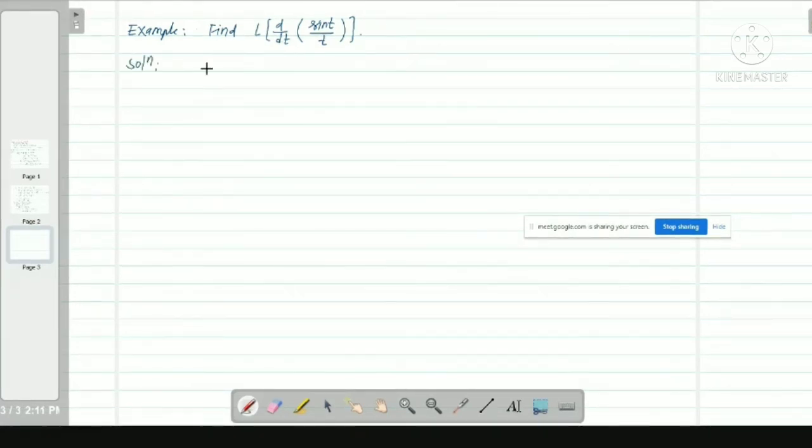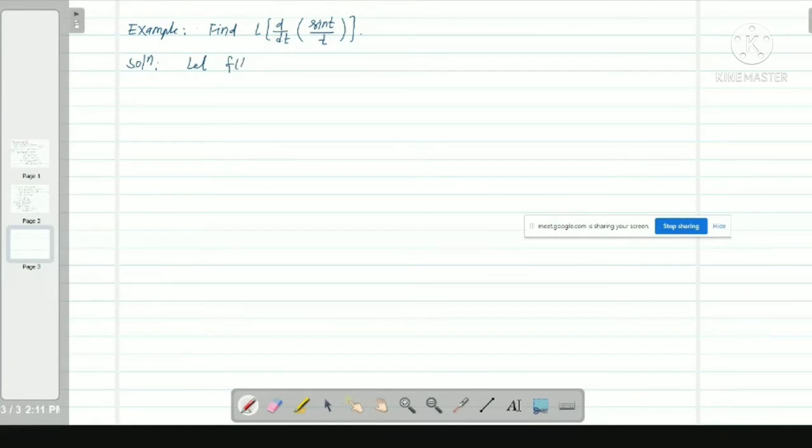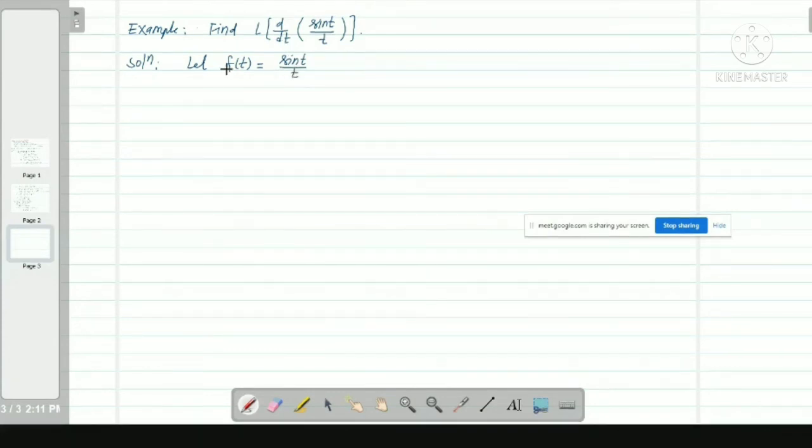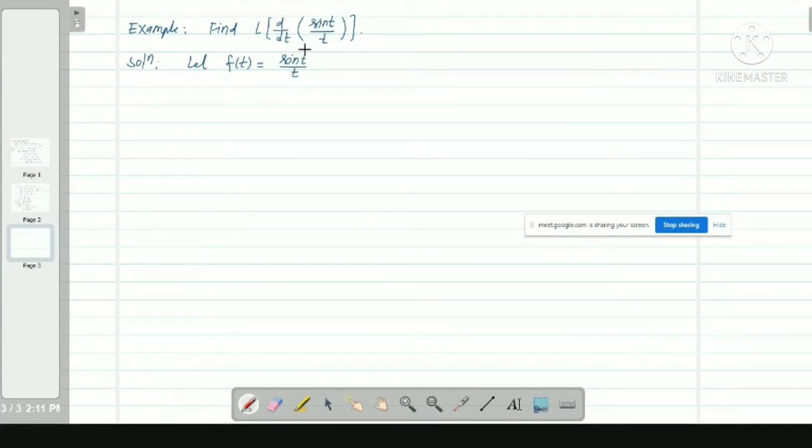Your function is this one. Let f of t be equal to sine t upon t. We need to find the Laplace transform of this function. Just apply the Laplace transform on both sides. We first find the Laplace transform of sine t.